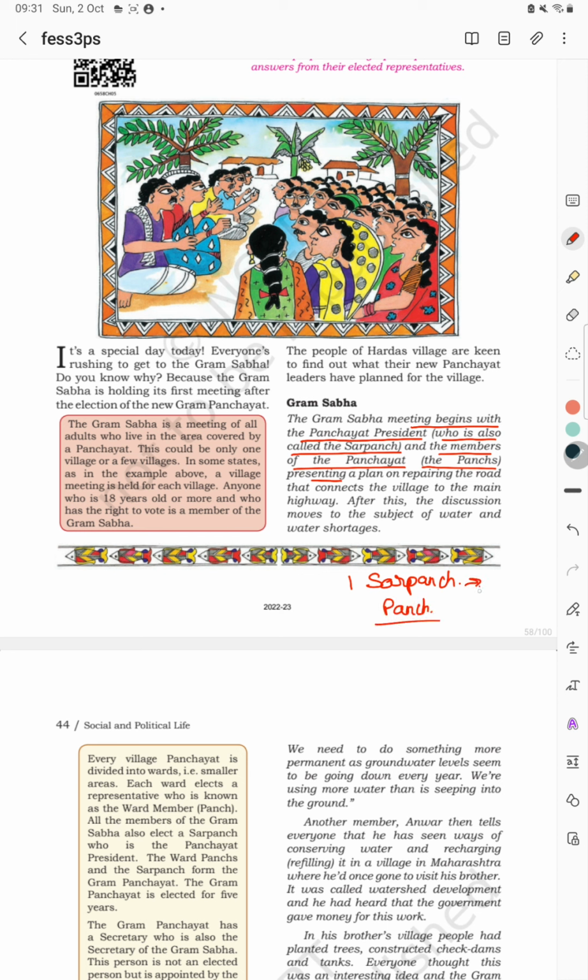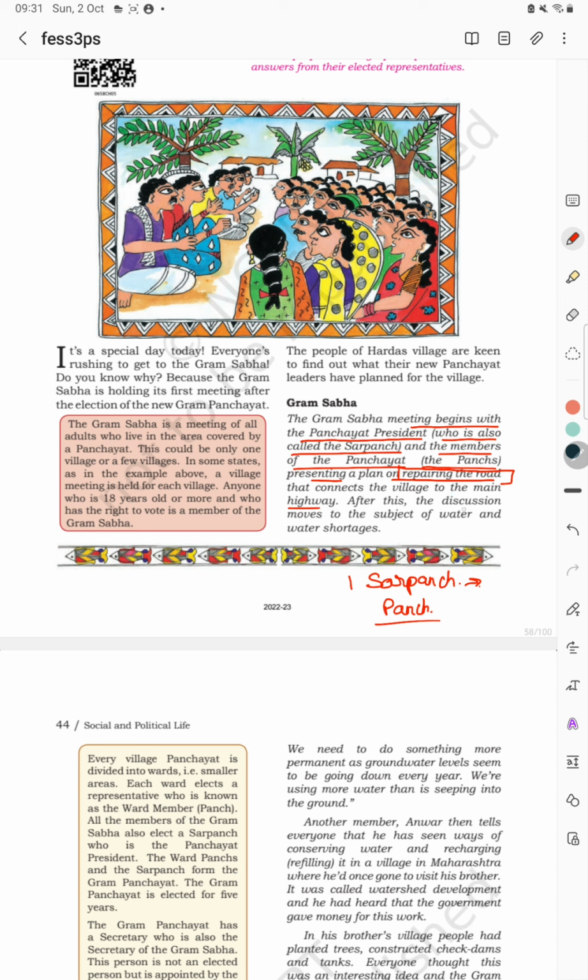The Sarpanch is the head of the Panchayat. The Panchayat president and the members present a plan on repairing the road that connects the village to the main highway. This is development work.